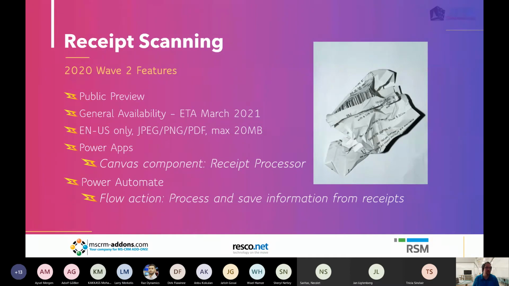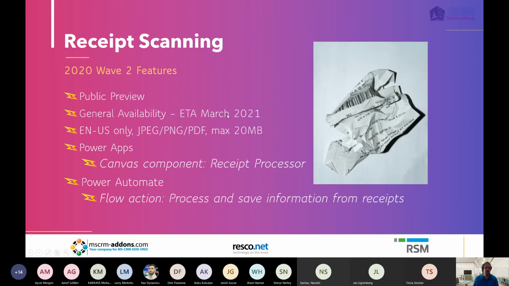Big caveat is right now it's only working for US English receipts. It's doing the good job, but only on US English receipts. I'm sure, yeah, mine too. They're all pretty much like that. So it works with JPEG, PNG, PDF, maximum 20 megabytes. And we can use it in both Canvas apps and in Power Automate flows.